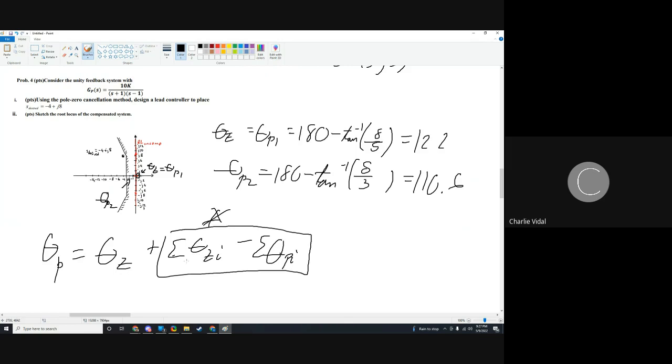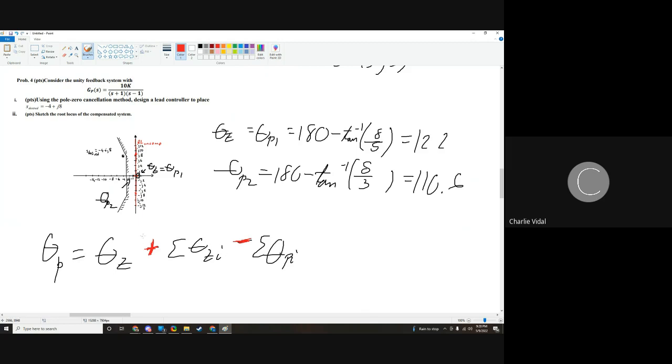Oh, I forgot to do one other thing. Here, the theta z's are now positive, and the theta p's are now negative. So you're going to have to remember that for the quiz. Don't get that confused. For the pole zero cancellation method, design a lead controller, you're switching the summations.